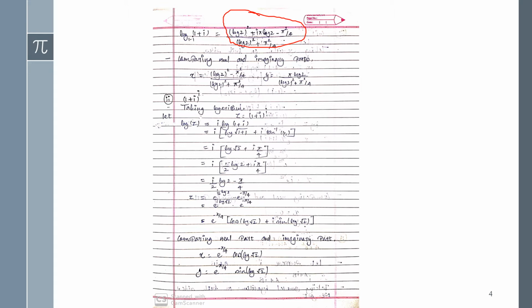Same here, the next one is the second part of the 12th example, and it is given: 1 plus i whole raised to i. In the very first step, apply log on both sides, and then after simplification you will get this. This is a very easy example, guys, it is all repeating and you know it very well now.